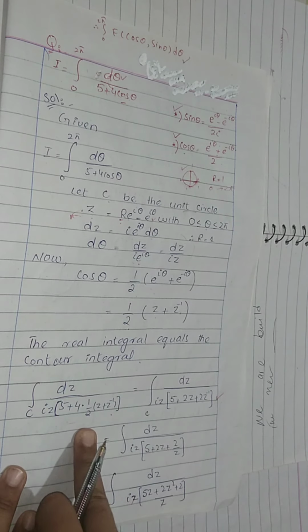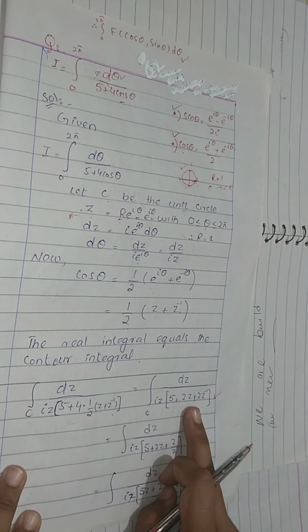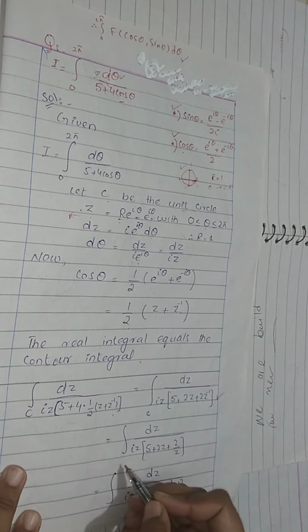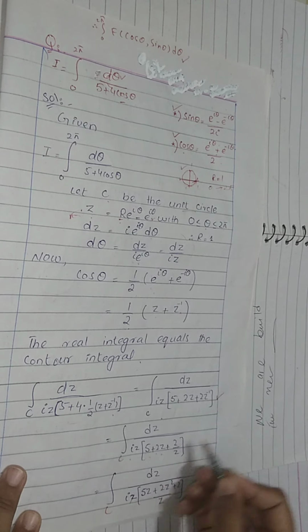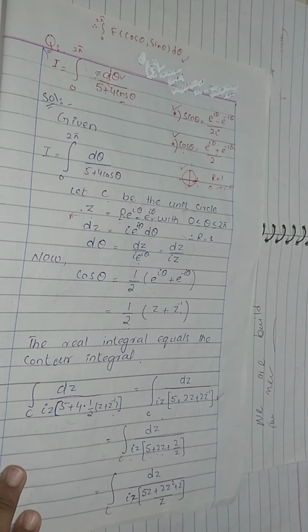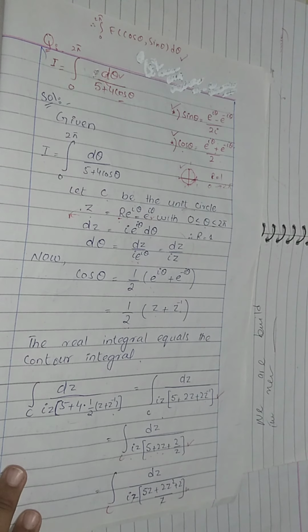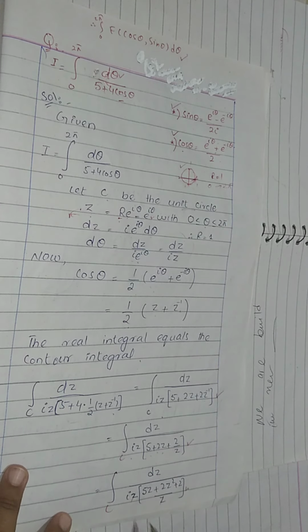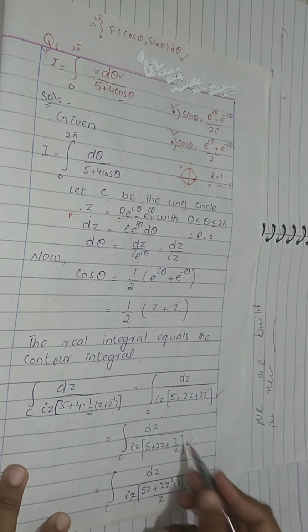We take the LCM and simplify. The contour integral is dz over iota z times 5 plus 2z plus 2 by z. We take its LCM: iota z times 5z plus 2z square plus 2, all over z.